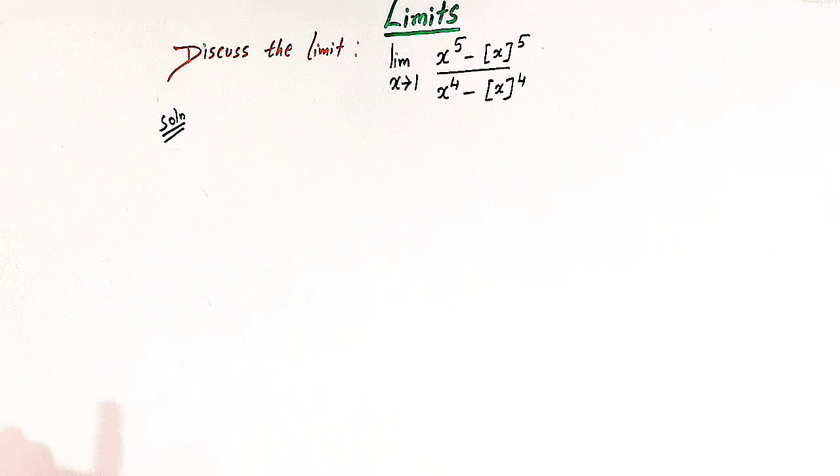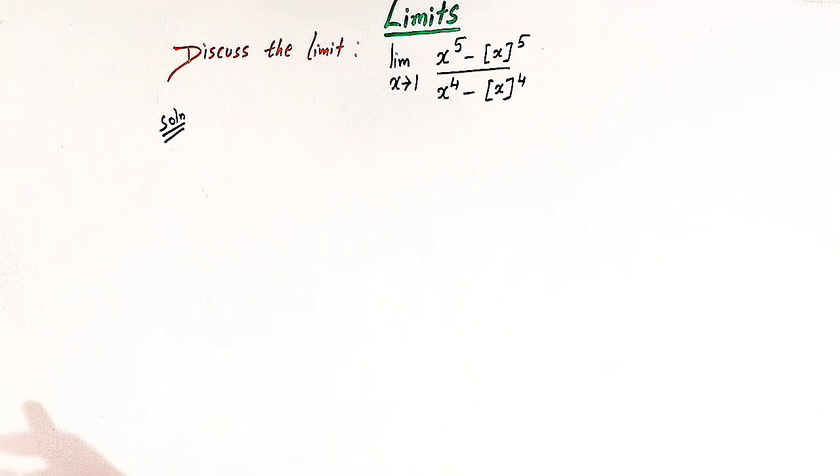So for the existence of limit of a function, we have to separately find out the right hand limit and the left hand limit, right? And we see whether the right hand limit exists and it is finite. Similarly, we see whether the left hand limit exists and is finite.